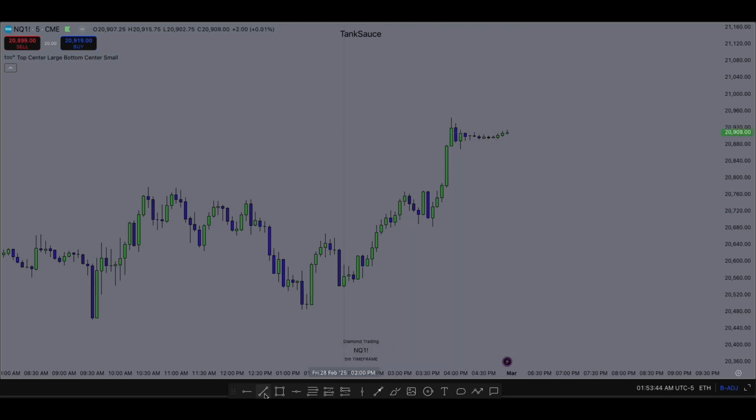And to show you guys how it works, if this represents 4 hours, this is where that 4-hour candle opened, right? This is where the 4-hour low formed. This is where the 4-hour high formed. And then this is where the close of the 4-hour formed, right?